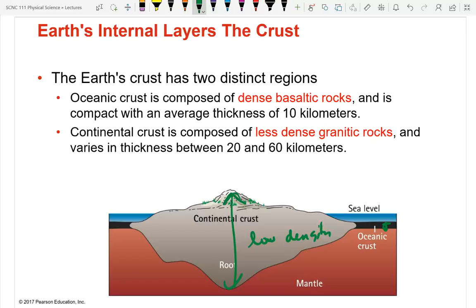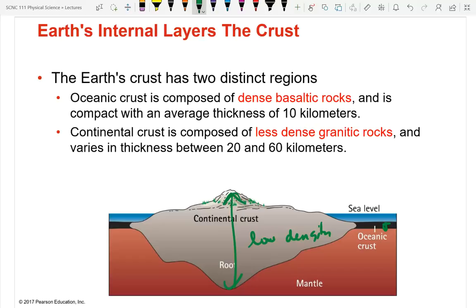Because it's low density, you're going to have equilibrium. That is, you're going to have the same net force pushing down in all directions, or it's going to bulge up. And so here, where you have a low density material, you're going to have more material piled on to get the same weight. And so the continental crust is much thicker because it's lower density.